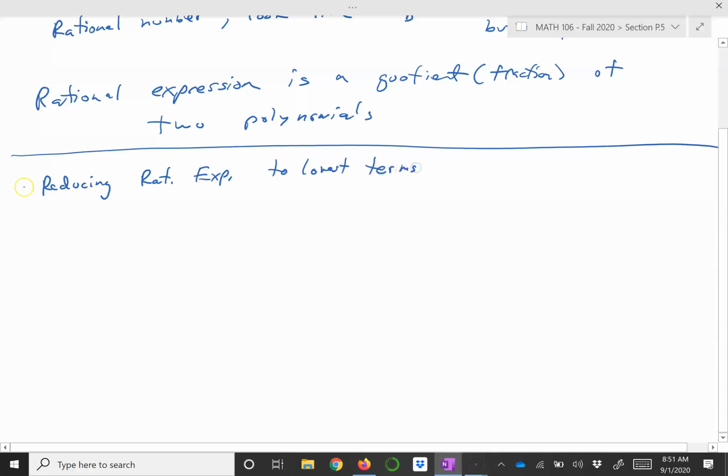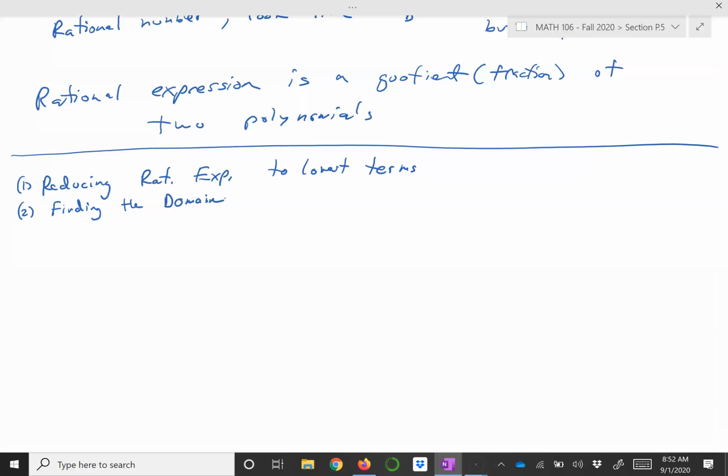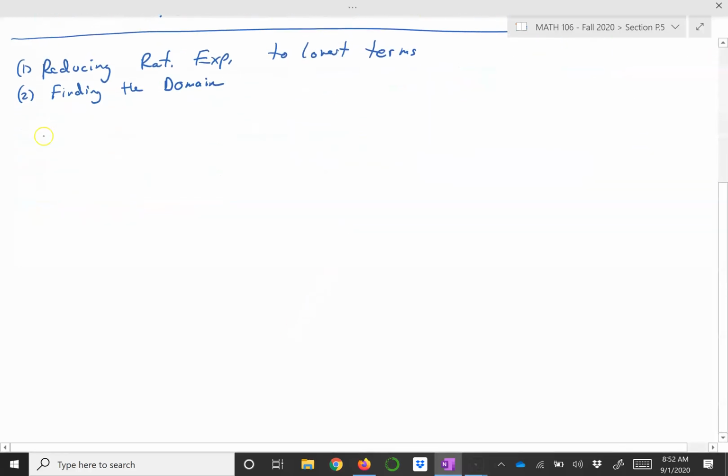So that's the first thing we're going to do in this little section here. And then the second thing is going to be finding the domain. And that'll actually be fairly simple. If we do this first part correctly, reducing rational expressions, finding the domain will be not so bad. Okay, so let me just give you your first rational expression, at least in this class. So here's the first example.